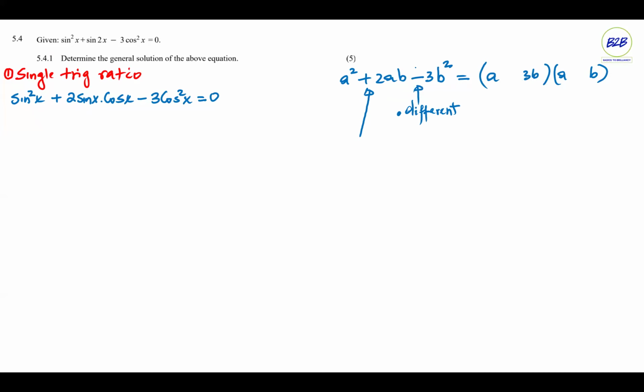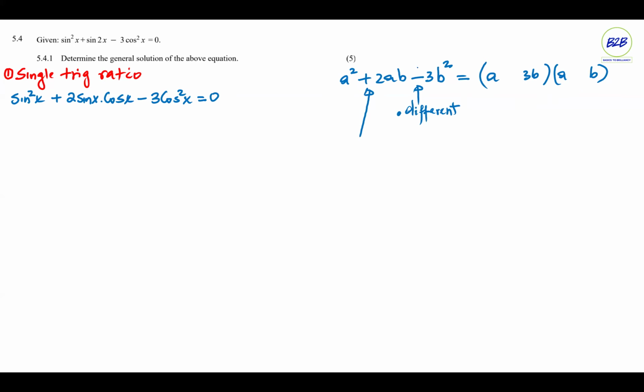Let me repeat. The last term is negative, so the signs within those brackets are different. The sign of 3b and the sign of b must be different.